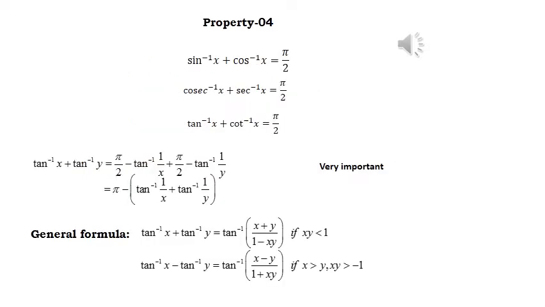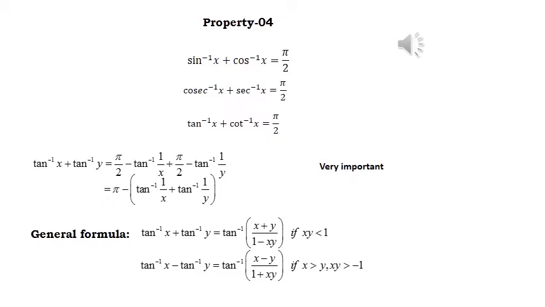The next set of property is generally known as complementary angles, like in 11th standard trigonometry. So sin theta equal to cos of 90 minus theta, or secant theta equal to cosecant of 90 minus theta, or tan theta equal to cot of 90 minus theta.